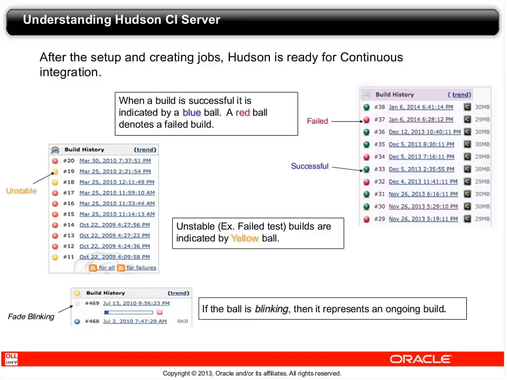There are many other things we will cover later, like code analysis, where it's not really a failure, but you want to make it unstable. Hudson is also able to tell you the progress of the build. If you see a blinking ball, then you know that the build is in progress.